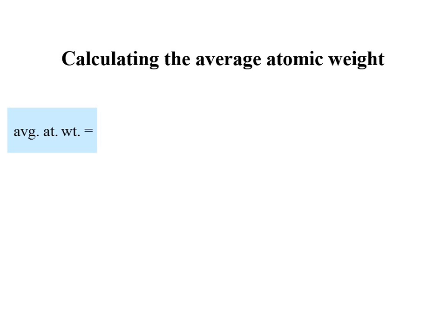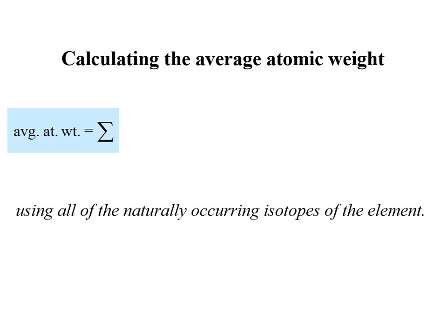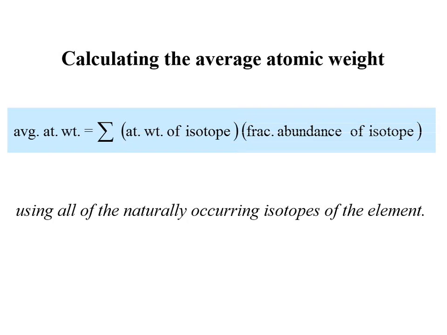All right. So the average atomic weight is, we go ahead and do a summation. So that's the sigma part of it. And the thing that we sum actually is the product of 2 terms. So for each isotope you have to visit how much it weighs and its fractional abundance.